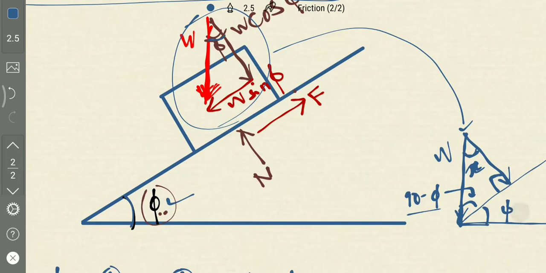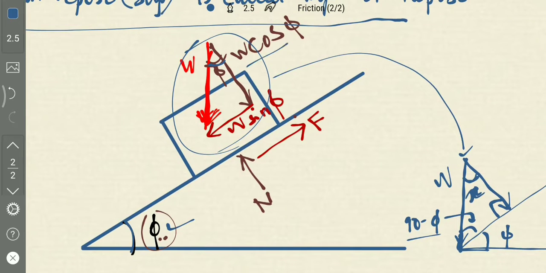If this is phi, this one will be W cos phi, because it is adjacent to the hypotenuse, and this is W sin phi, which is opposite to the hypotenuse.